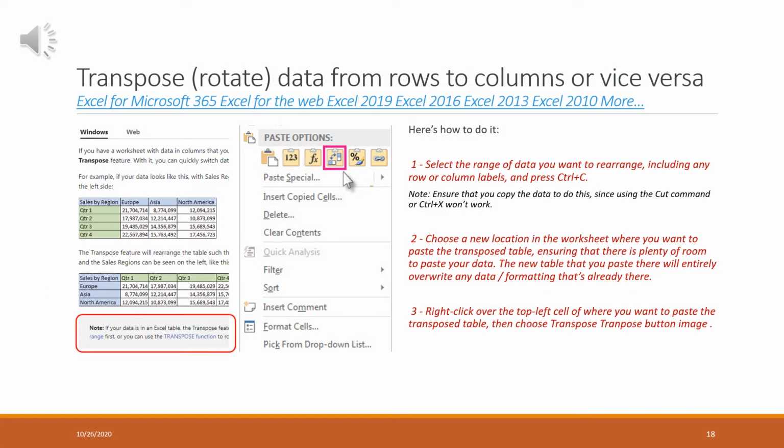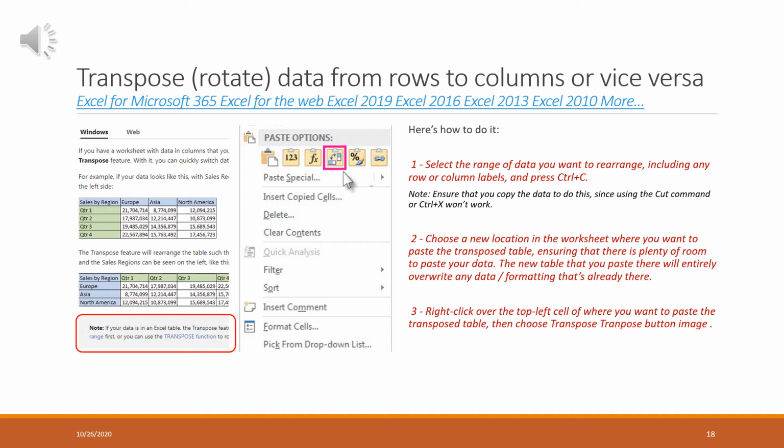Sometimes, mostly because you need to chart them, you have to change data with rows, like rotate the table. Well, the range of data in this case. So exchange columns with rows. As you see in the first picture on the left side of this slide, you have sales by region with quarters vertical and regions horizontal.